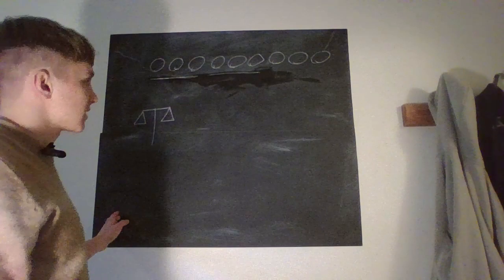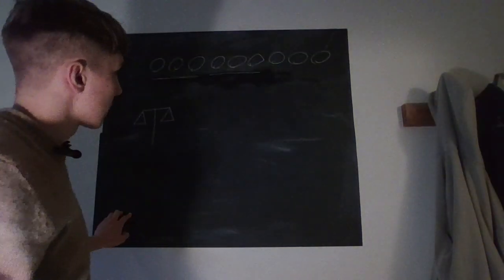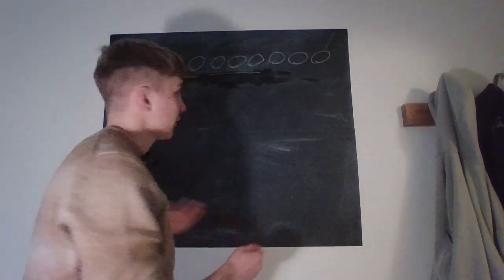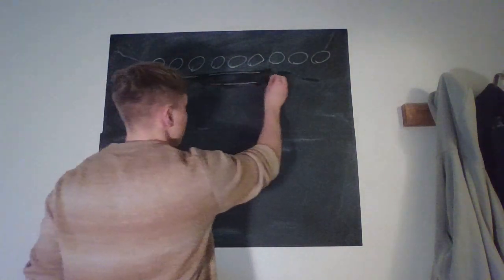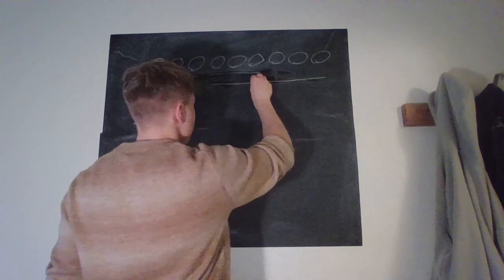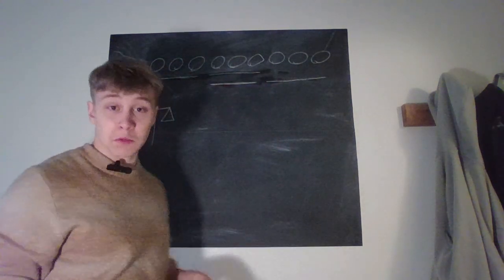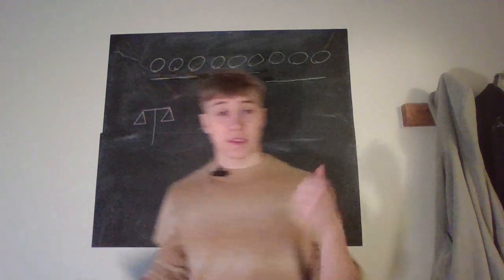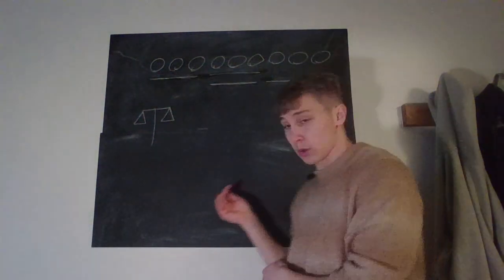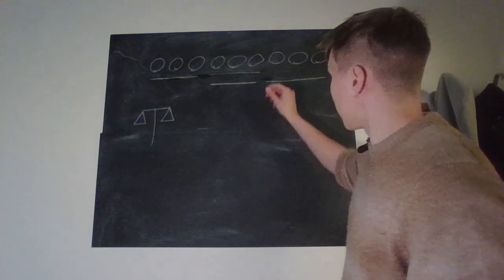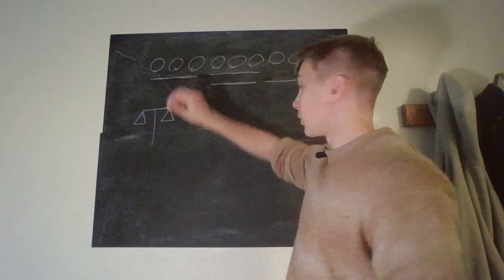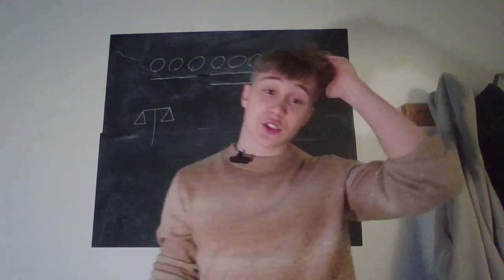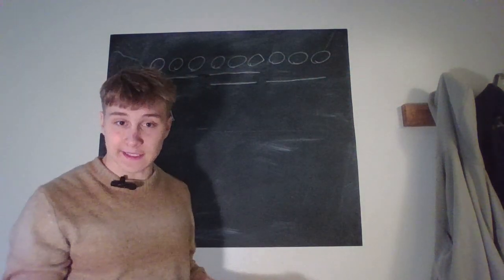So in the first case, where they weigh the same, we actually do the same thing as we did before. We compare these three to these three, regardless of what happens. And from the last case, what did that tell us? This procedure told us if the counterfeit coin was heavier or lighter, and it also tells us which group of three it's in.